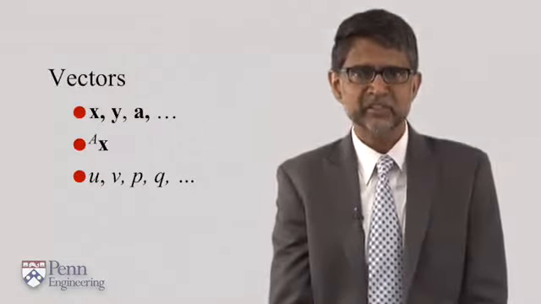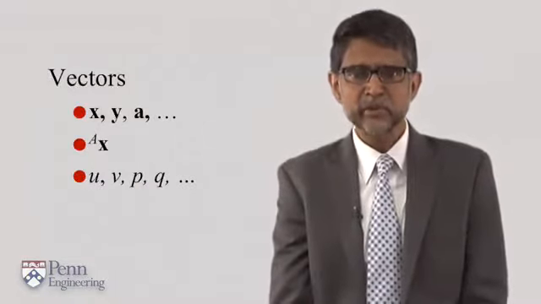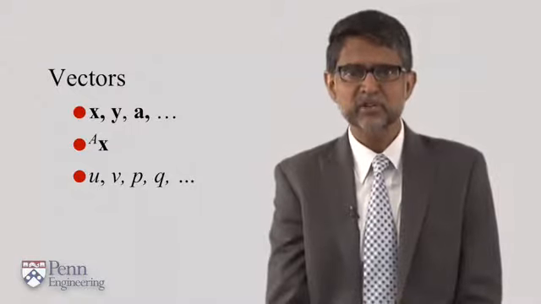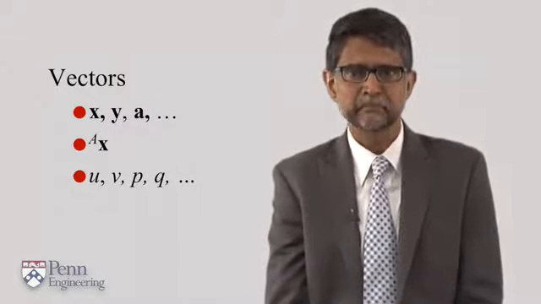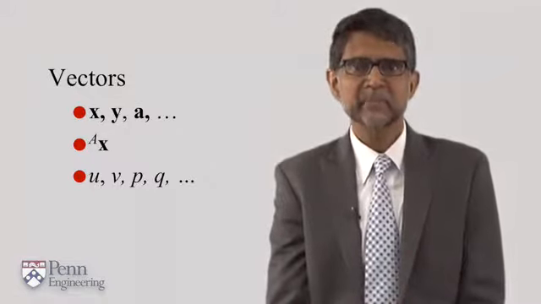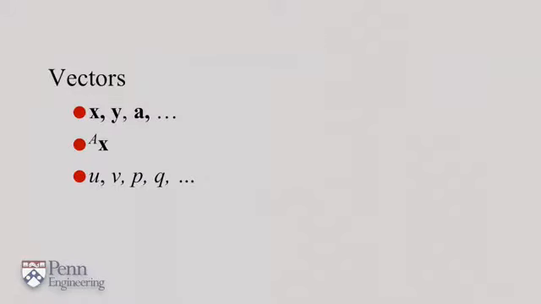Now for some notation. Typically, we use boldface to denote vectors, and we may use a leading superscript to denote the frame in which we're writing that vector in. In some cases, you may also see lowercase italicized letters to denote vectors.